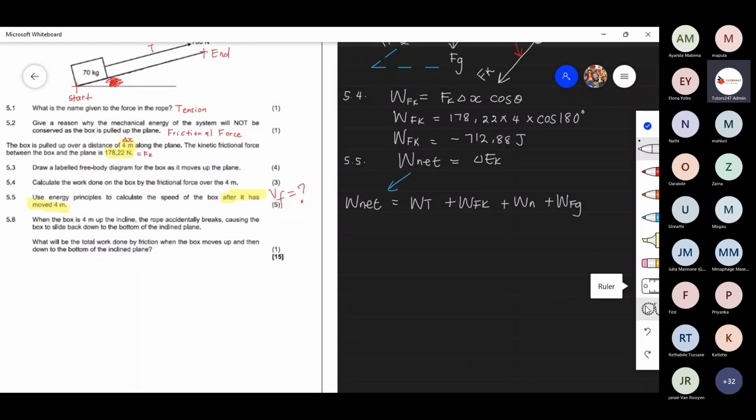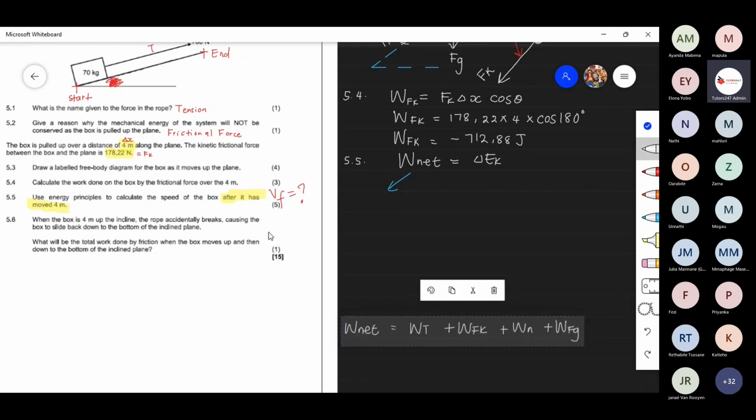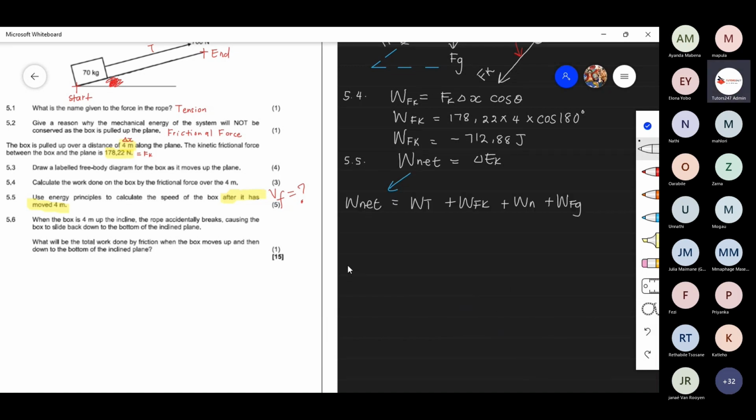So let us now go and individually calculate those four works. So I'm going to move this a bit down so that we can start with our work calculations. Actually, let's leave it up there. We'll just do the calculations underneath.